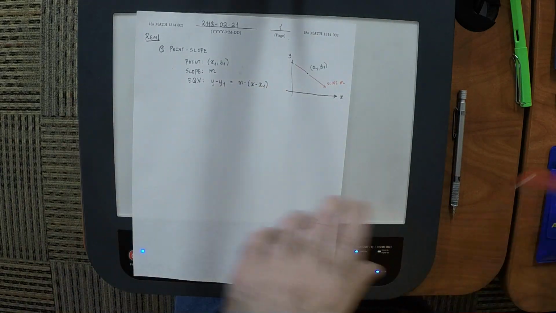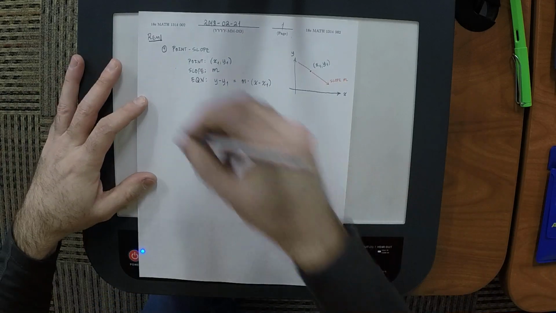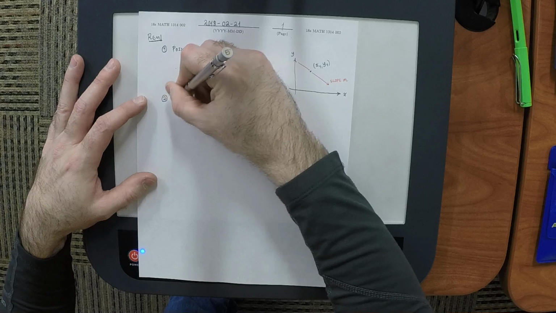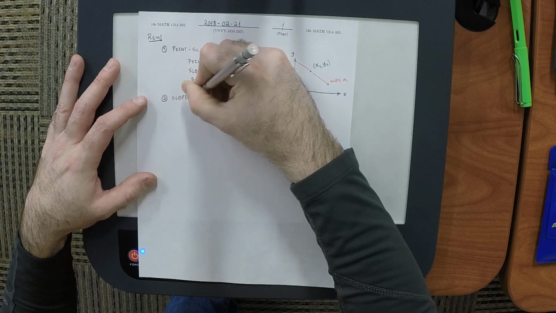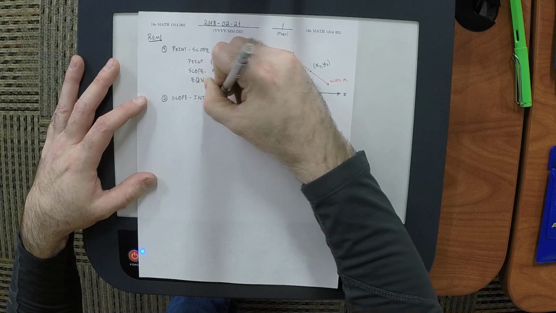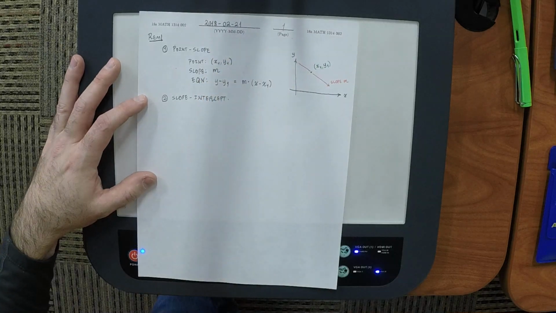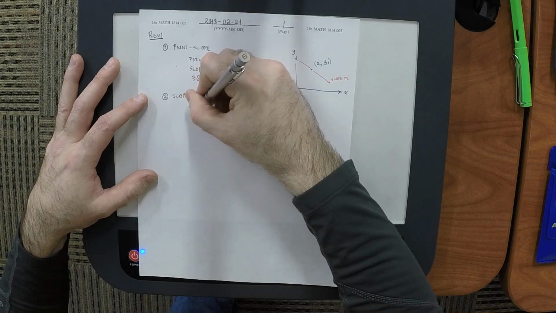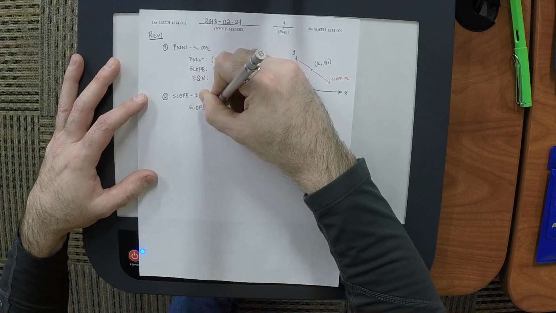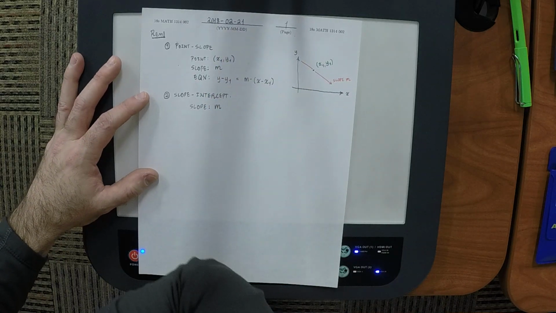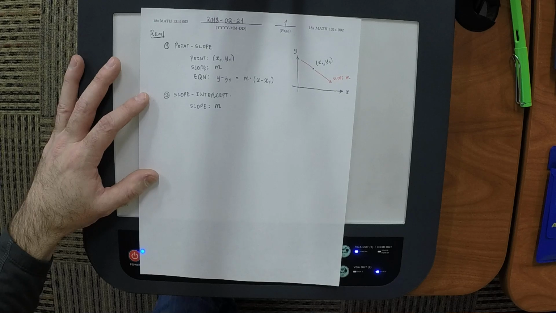Okay. The other main one that we had is called slope intercept. Well, in this case, what you have is the slope. The slope is m. And what else do you have? A y-intercept.